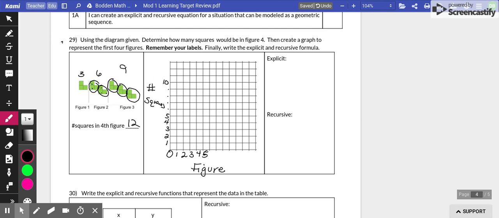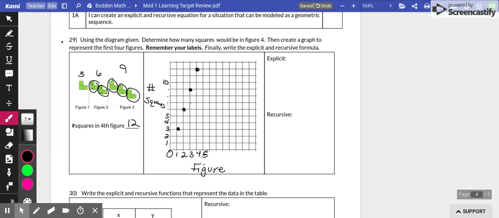Plot my points. So for figure 1, I am at 3. Figure 2, 6. Figure 3, 9. Figure 4, 12.